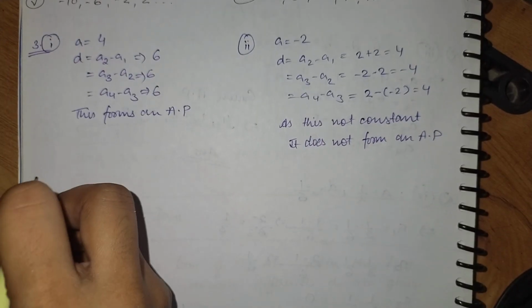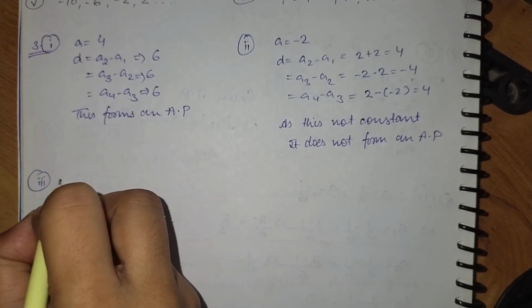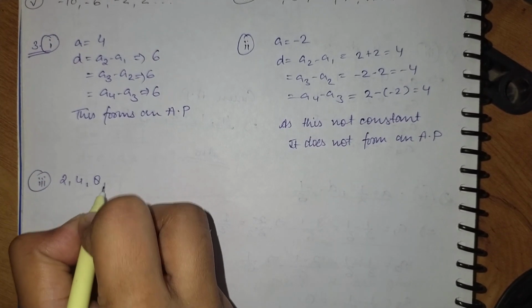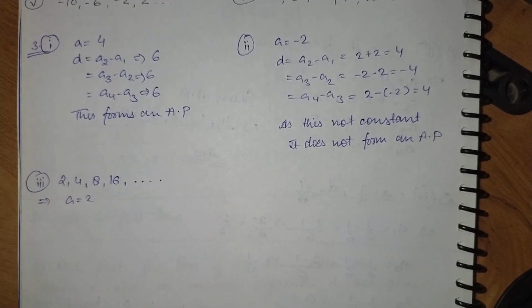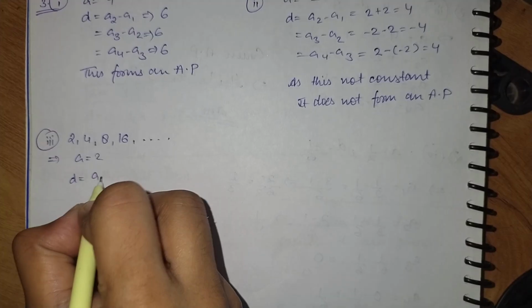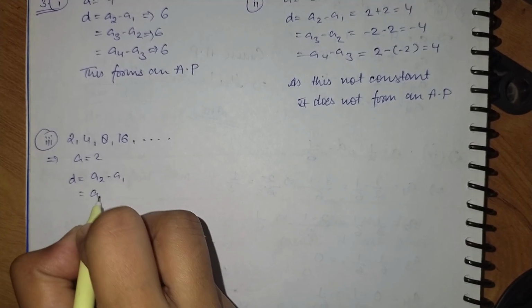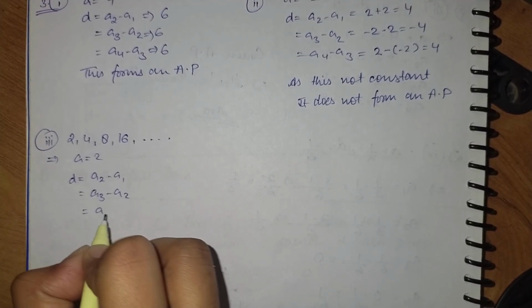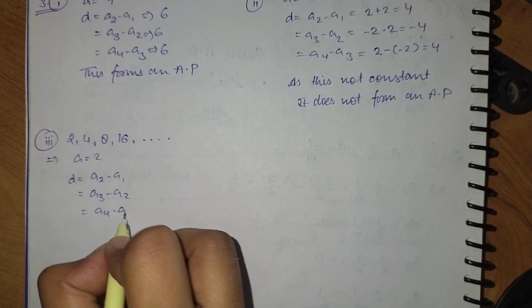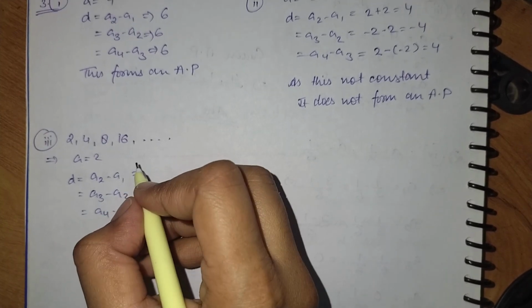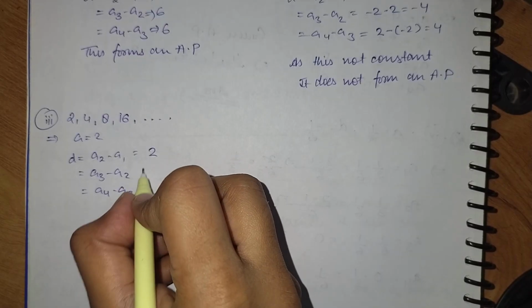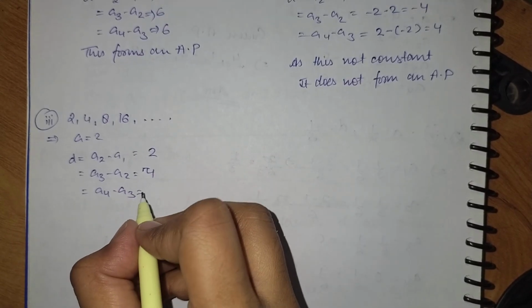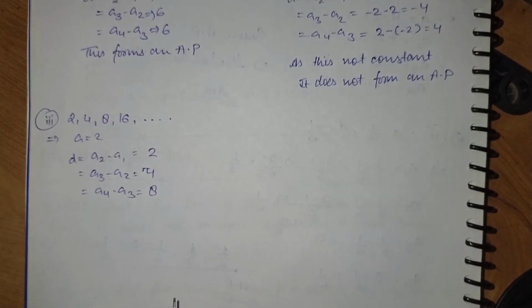Now the third part if we solve, that is like 2, 4, 8, 16. Hence A is 2, and if we write D, that is A2 minus A1, A3 minus A2, and A4 minus A3. So here A2 minus A1 will become 2, 8 minus 4 will become 4, and A4 minus A3, 16 minus 8 will become 8.